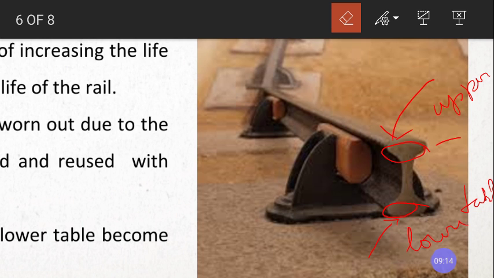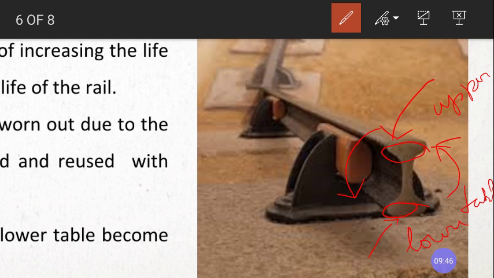So what we would do is reverse it. We would change the heads. We would bring the lower head upside, and the worn out head would be brought downwards.